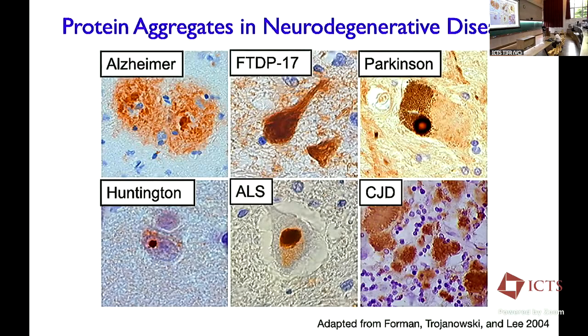Sometimes they can accumulate outside of neurons, like Alzheimer's disease amyloid plaques, and sometimes they can accumulate within neurons, like neurofibrillary tangles in frontotemporal dementia. They can be in the cytoplasm, like in Parkinson's disease, and they can even be in the nucleus. These are polyglutamine aggregates in Huntington's disease. So the idea is that different proteins misfold in different parts of the brain.